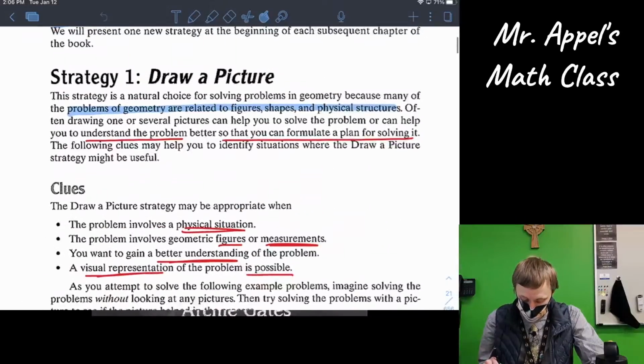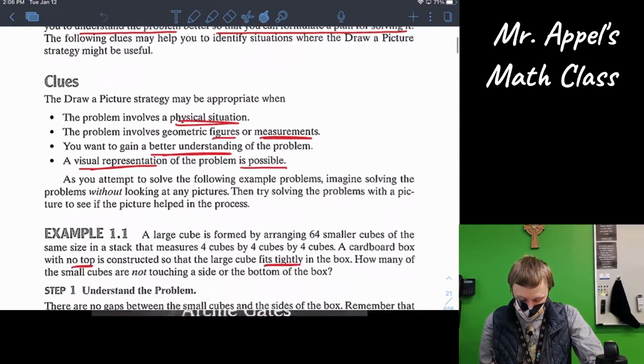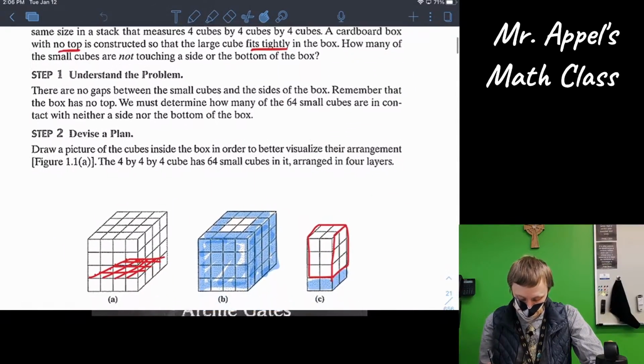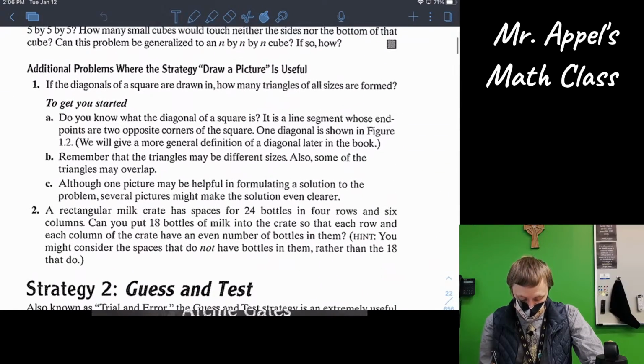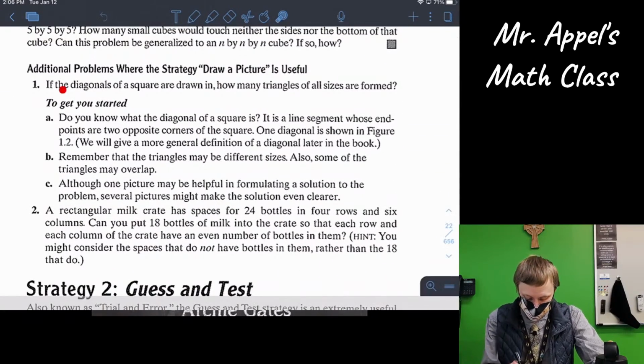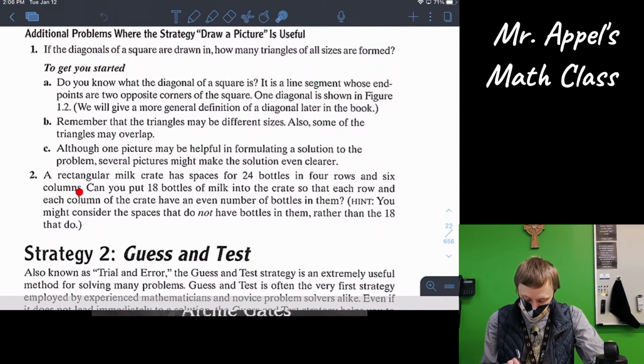So back up here in the draw a picture section, they had the example with the painted blocks, but then from the additional problems, there was the square with the diagonals, and then number 2 is a rectangular milk crate, has spaces for 24 bottles, 4 rows, 6 columns. Can you put 18 bottles in the crate so each row and column has an even number of bottles?